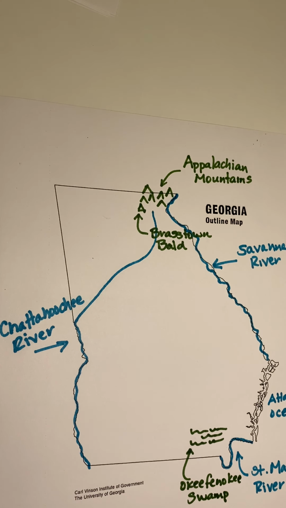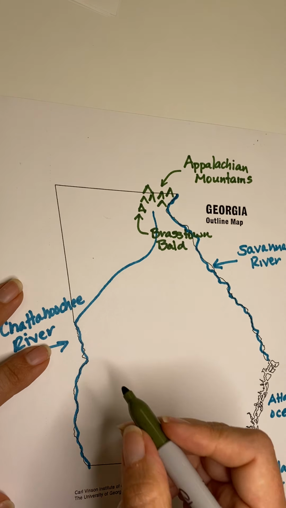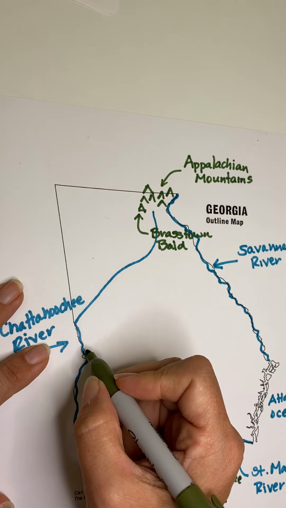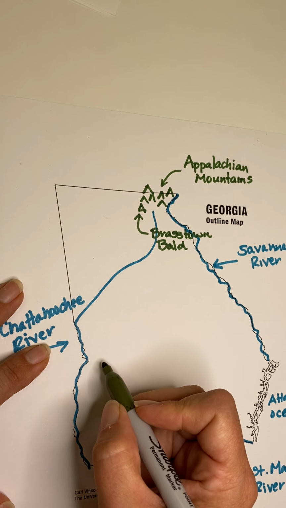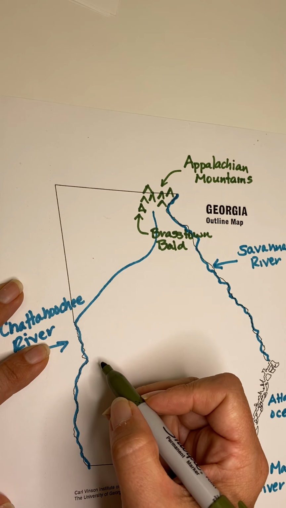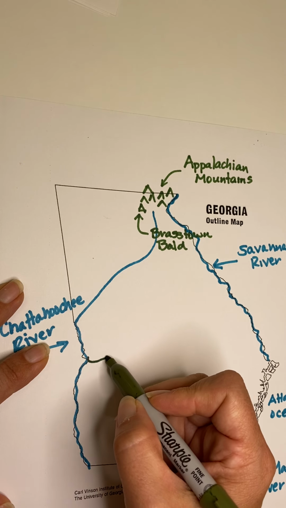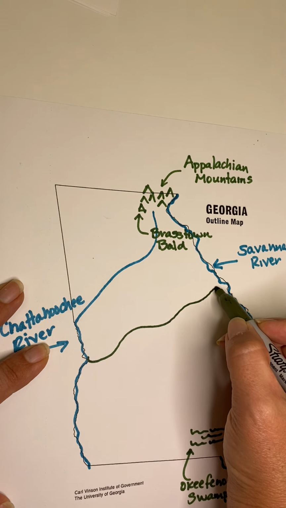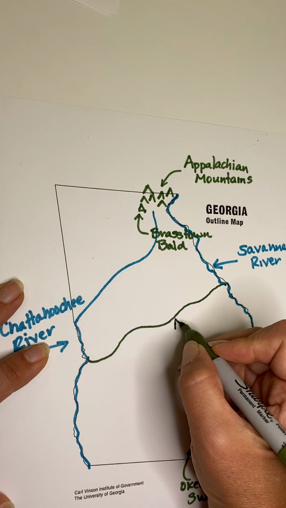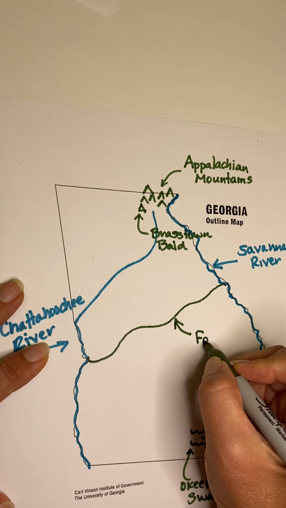Okay, last really important physical feature that you learned about that we're going to put on here before we move to the regions and the cities is the fall line. The fall line starts here where we see this little indentation in the state where the Chattahoochee River dips in, and it's going to take us to about halfway up the Savannah River, and that's the fall line.